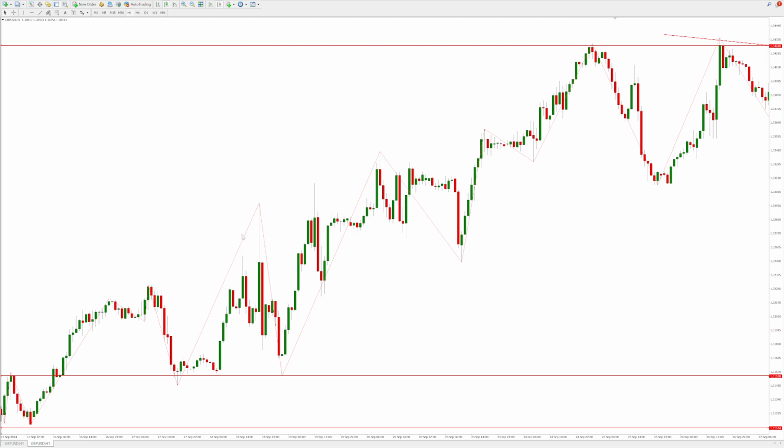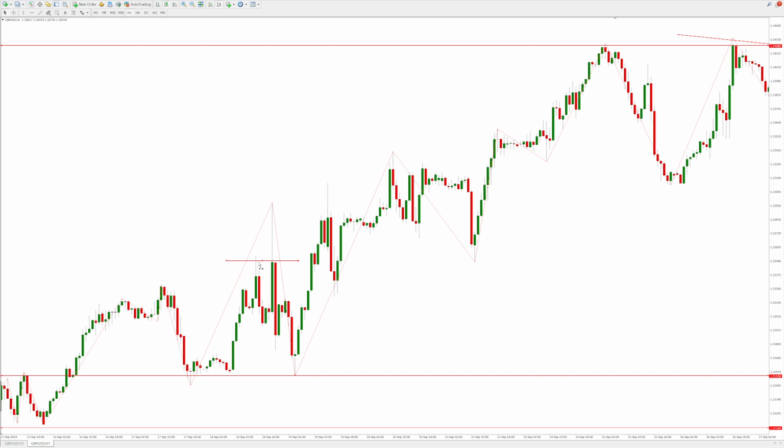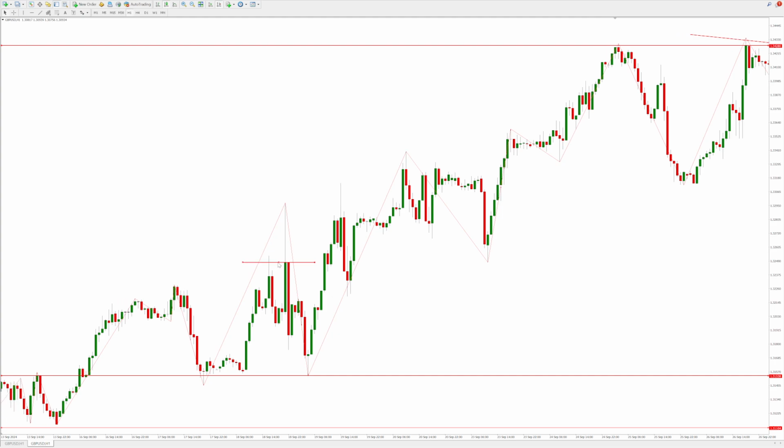This is an instance where I don't really like the zigzag indicator. I prefer to draw my own levels because I'd be drawing my support, my resistance, probably like this.